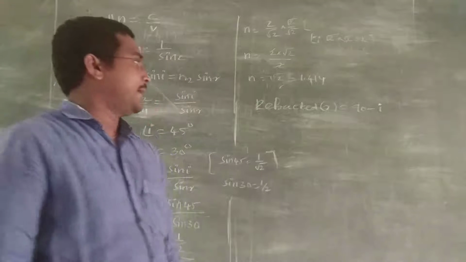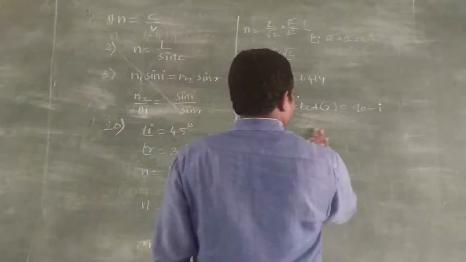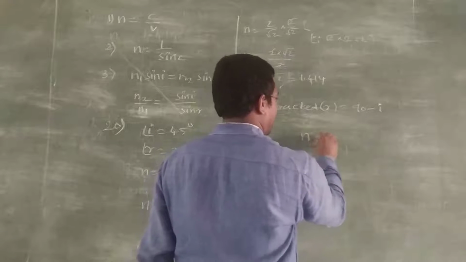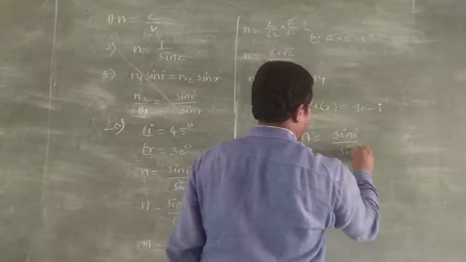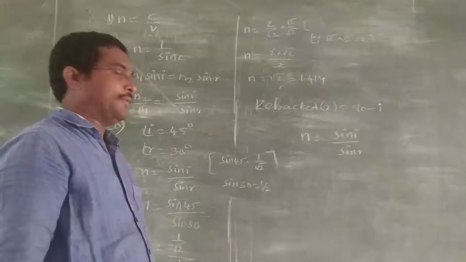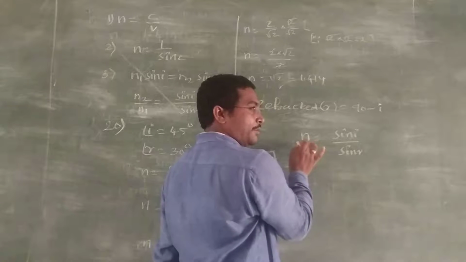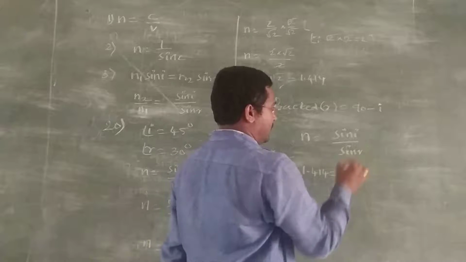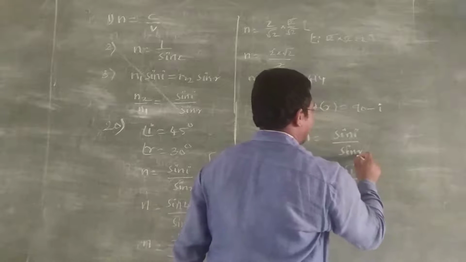First, use the formula n is equal to sin i by sin r. n is the refractive index, i is the incident ray and r the refracted ray here. Substitute the values here. The refractive index n value is 1.414, is equal to sin i by sin r.